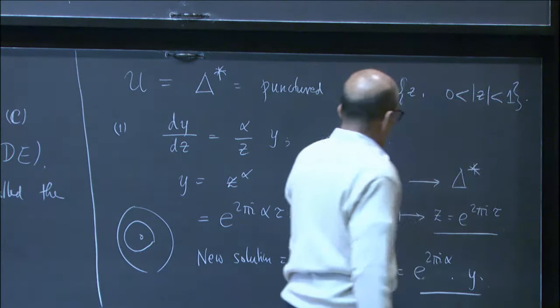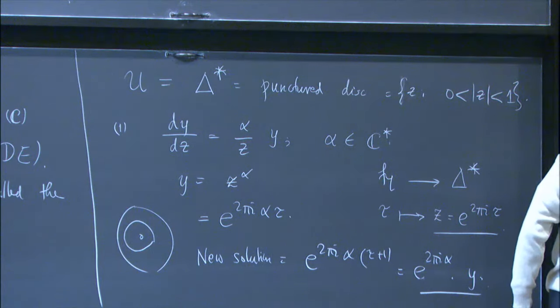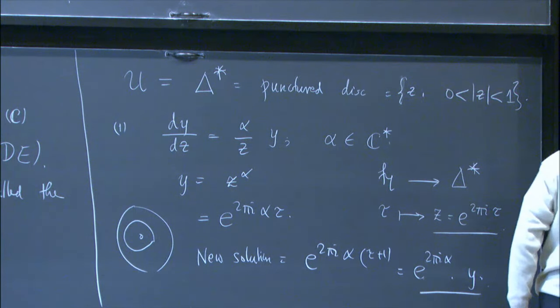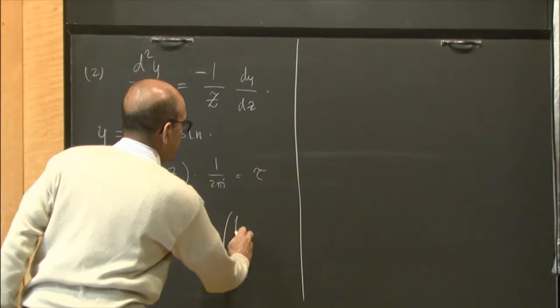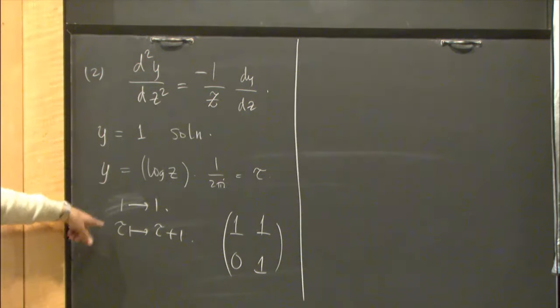And again, the monodromy takes the constant to itself and tau to tau plus 1. So in here, the monodromy matrix is just this guy with respect to the basis 1 and tau.